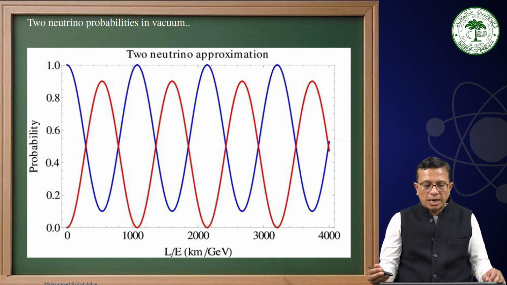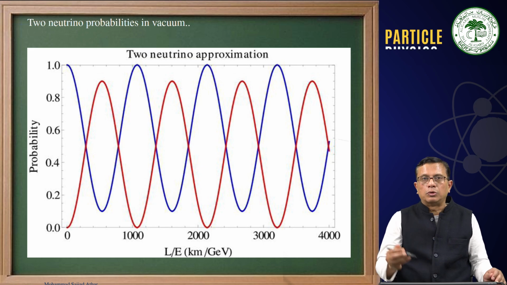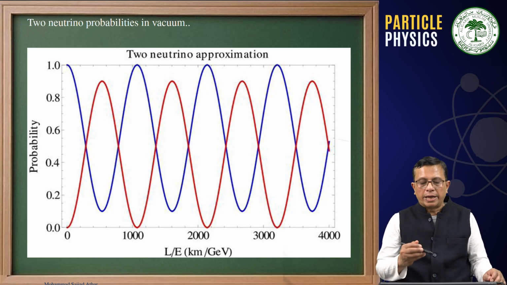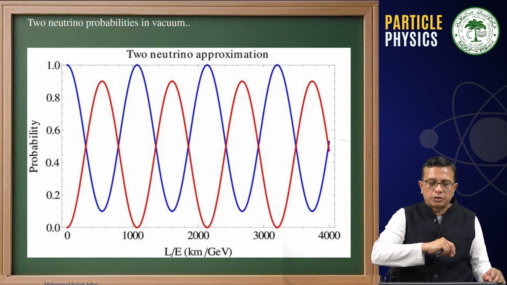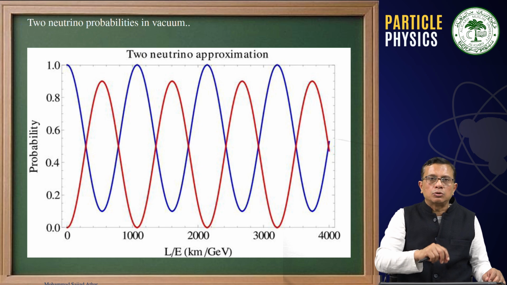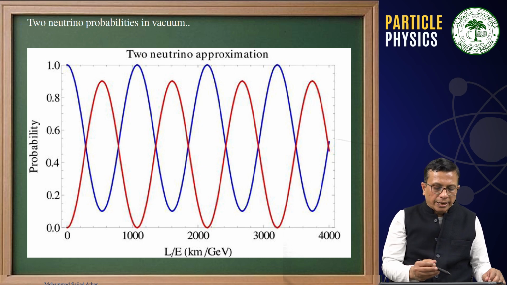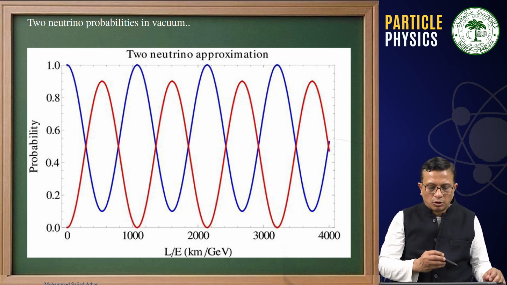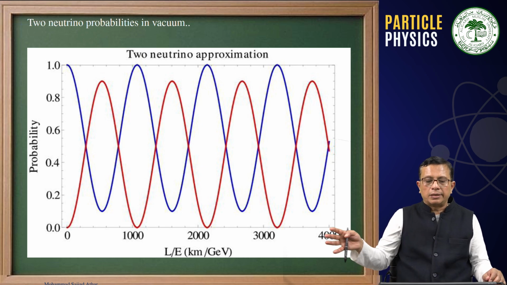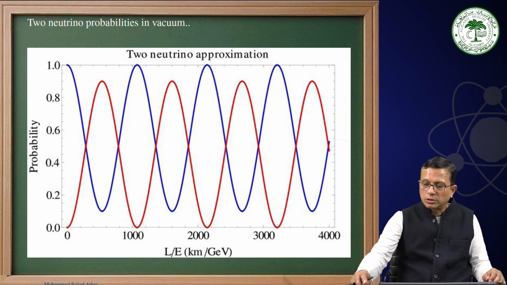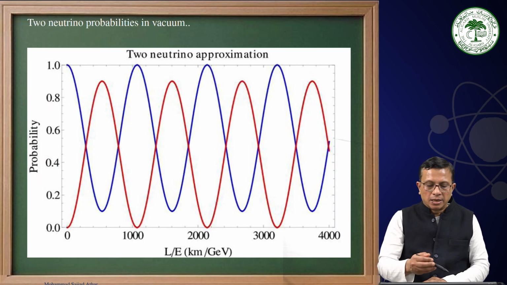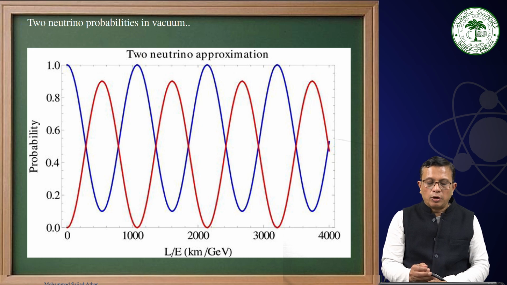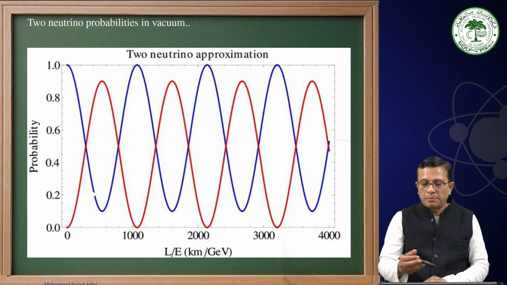Or we say that when we have nu mu as a beam, as the blue line represents the point from where you are producing muon type neutrinos, at this point all the neutrinos that you have are muon type, and electron type neutrino is 0. But as it propagates, as you can see from the previous figure, the muon type is minimum and nu e is maximum, and then nu mu is maximum and nu e is minimum, and so on.